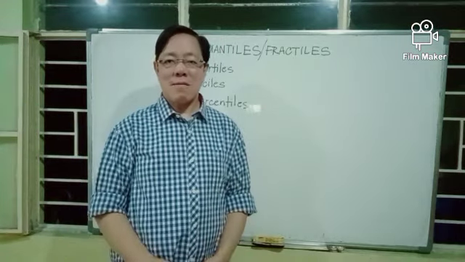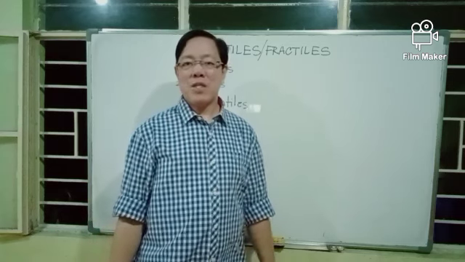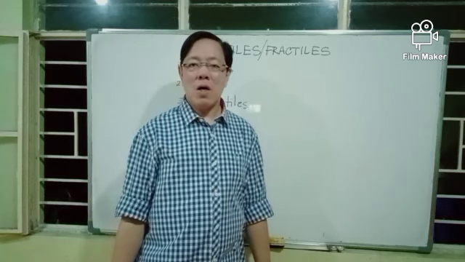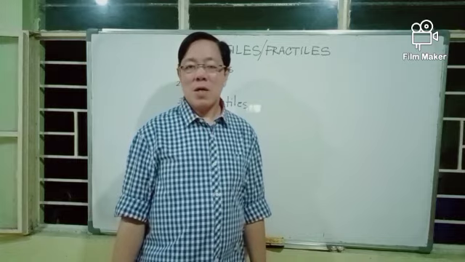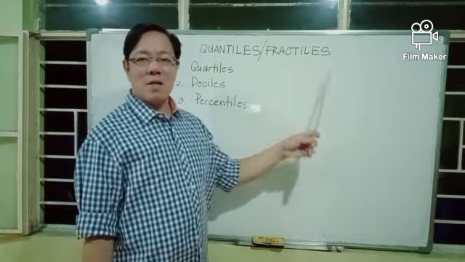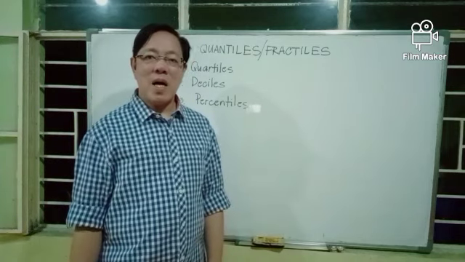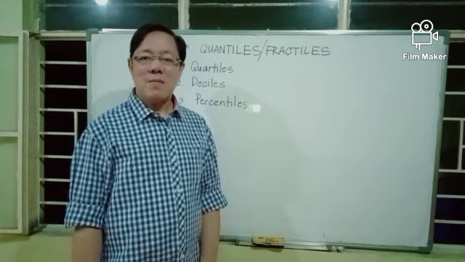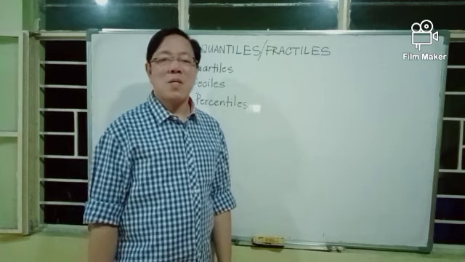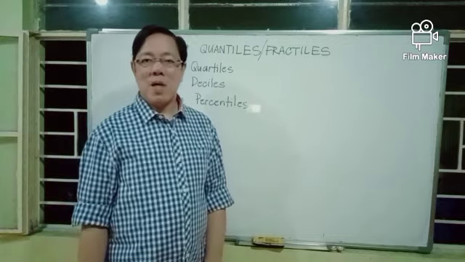Again, the second type of measure of variation, measure of variability, or measure of dispersion is the quantiles or fractiles. These quantiles or fractiles are numerical values that divide a set of measurements, or set of data, or set of values into equal parts.